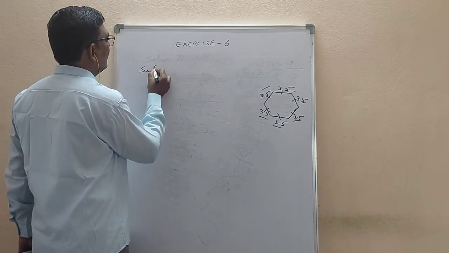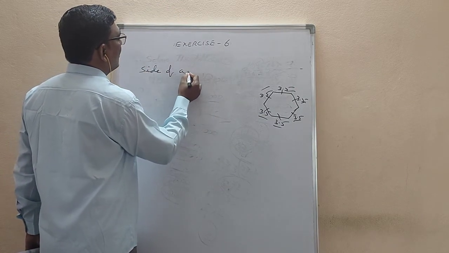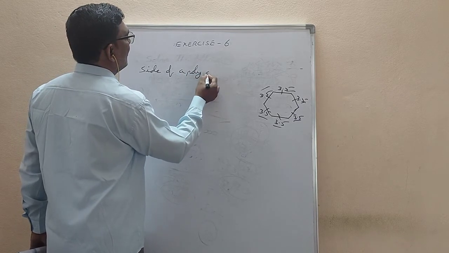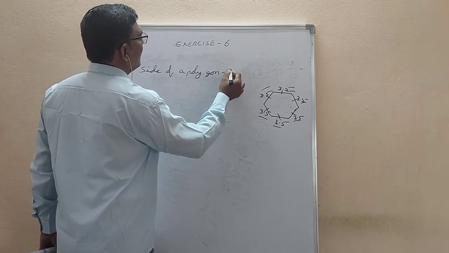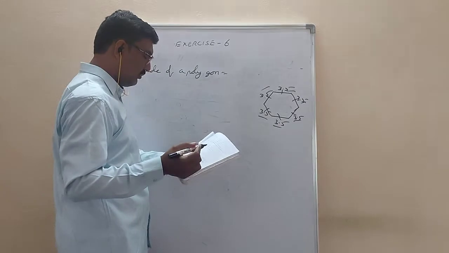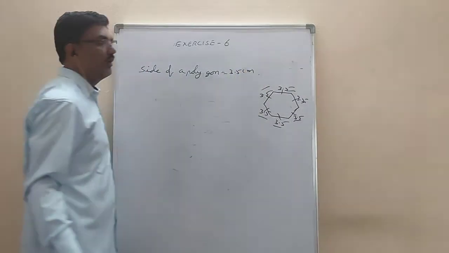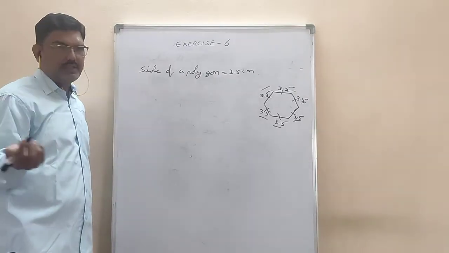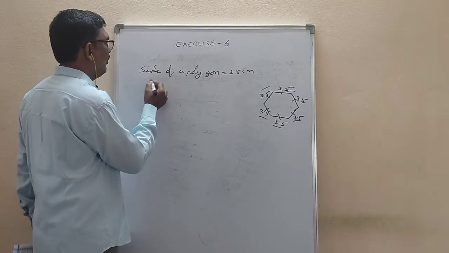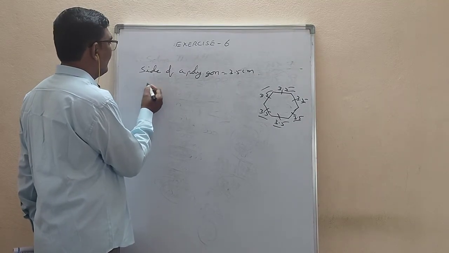Side of a polygon is how much they have given here? 3.5 centimeters. How many sides are there for that polygon? We don't know.